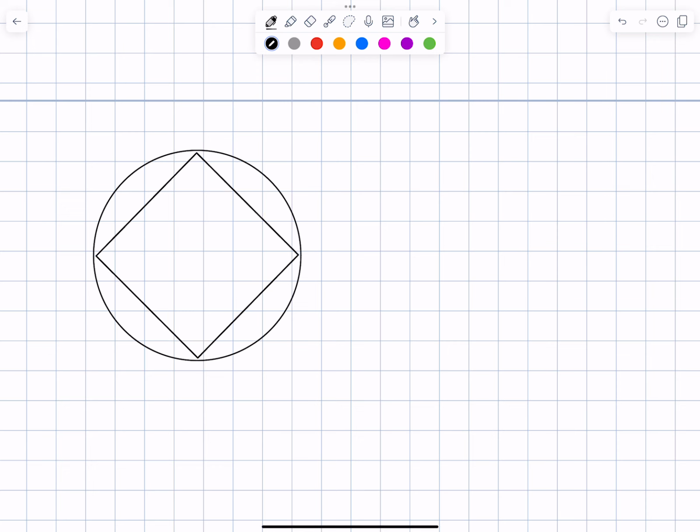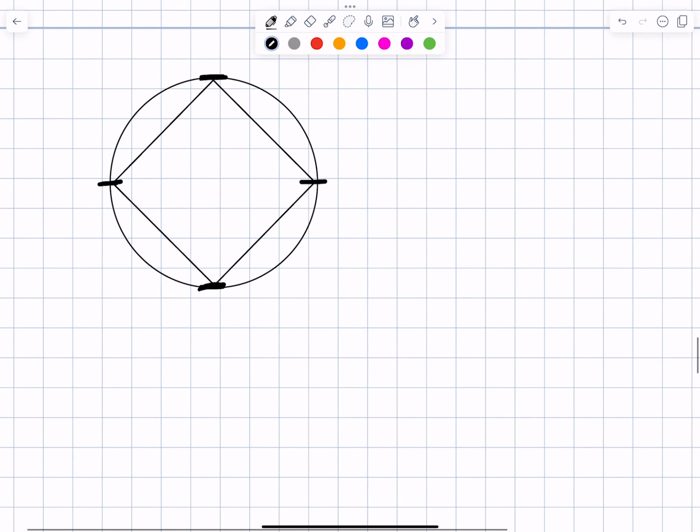Every place the square touches the circle is the location of a pi molecular orbital. Notice that pi 2 and pi 3 are equal in energy. Also notice that pi 2 and pi 3 are right along the midpoint of the circle, that so-called non-bonding line.